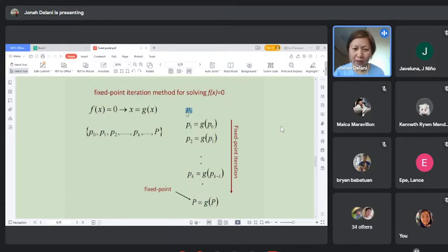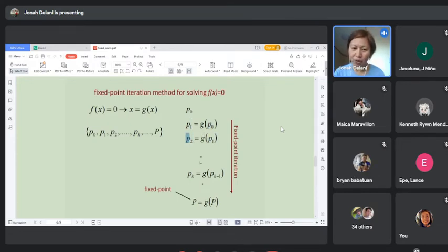So when we have a certain value, initial value P of 0, i-substitute na siya diri sa x equals g of x. Substitute na, then we can solve for the next value. We call it P of 1. I-substitute na po siya, na po tayo bago nga value. I-substitute.